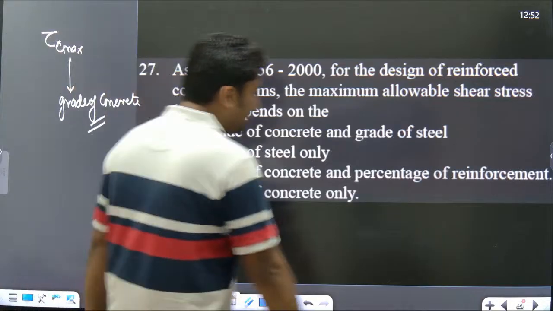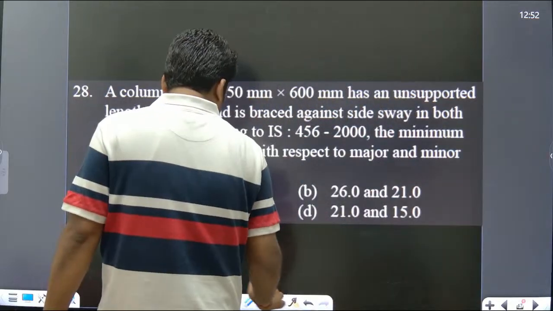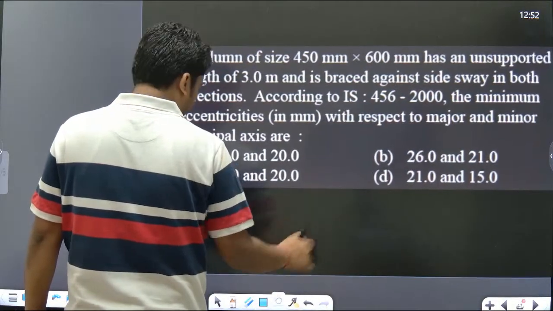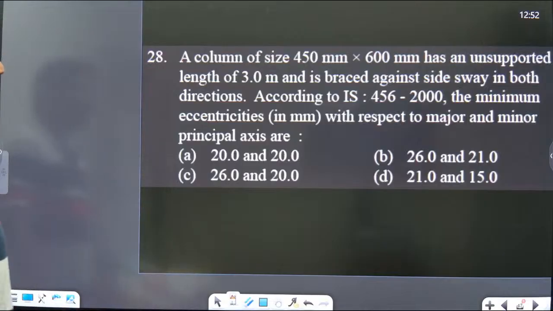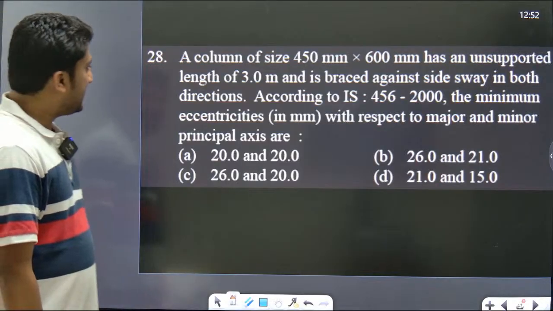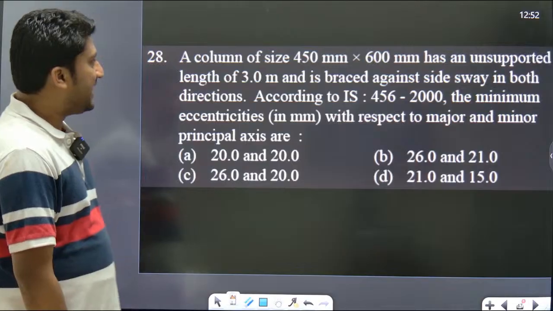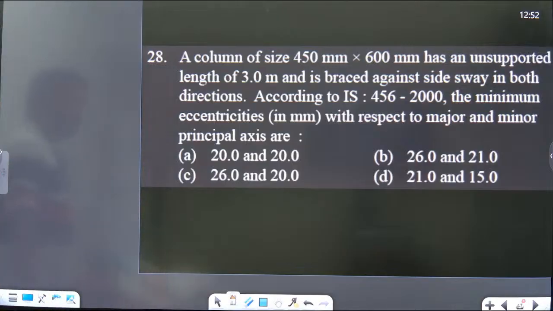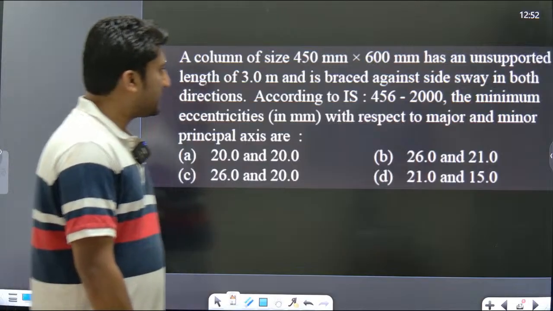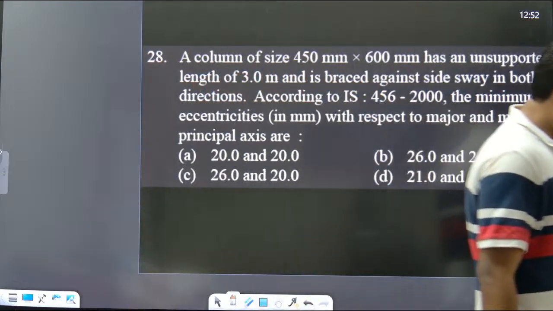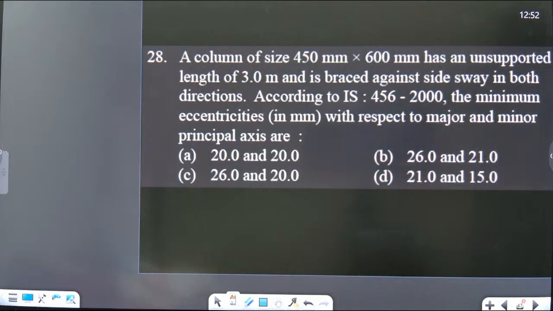Moving ahead. Answer this question. A column of size 450 by 600 has an unsupported length of 3000 and is braced against sideways in both directions. The minimum eccentricities with respect to major and minor principal axes are asked. This is the question of column. I'll explain it again, but it is a simple question.